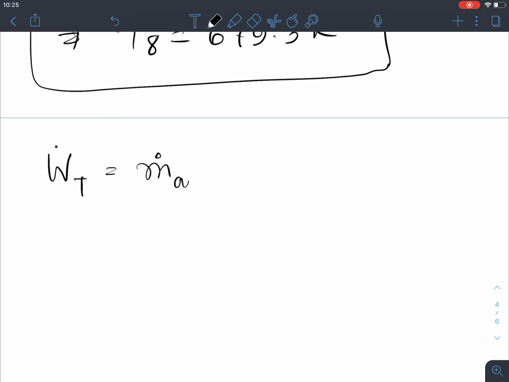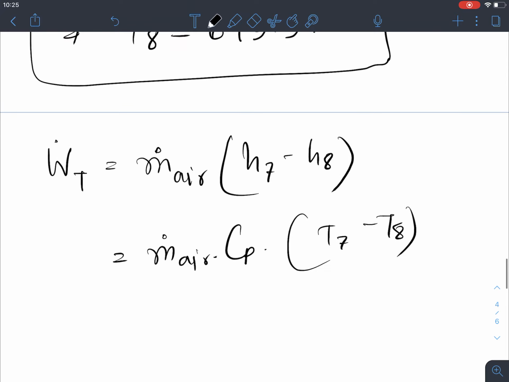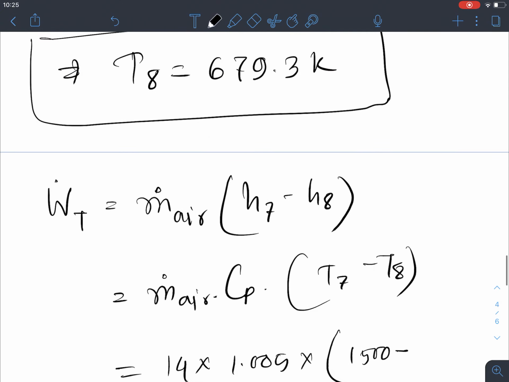Mass of air times H7 minus H8, right? So mass of air times Cp times T7 minus T8. We know all of them, okay? Mass is 14, Cp is 1.005 times T7, maximum temperature 1500, and T8 679.3.